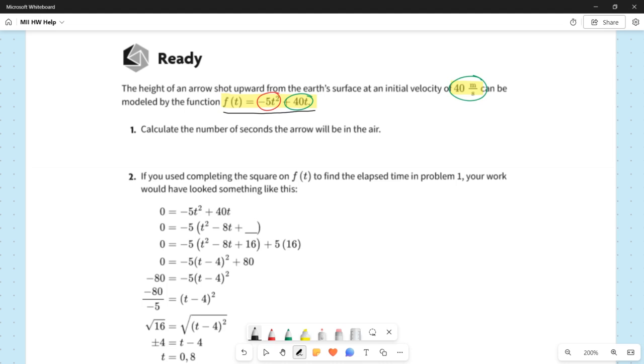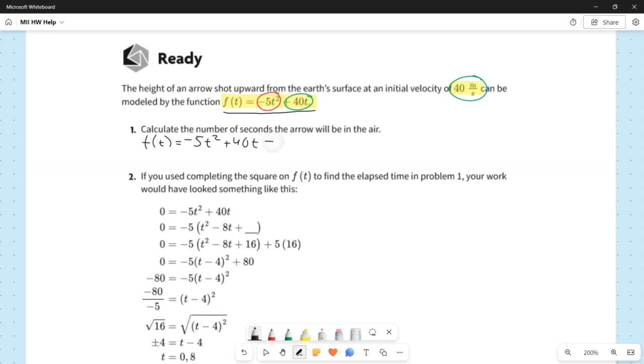So because this function gives us our height off of the ground, if we say f of t, which we are told equals negative 5t squared plus 40t, all I've done is rewrite our function.